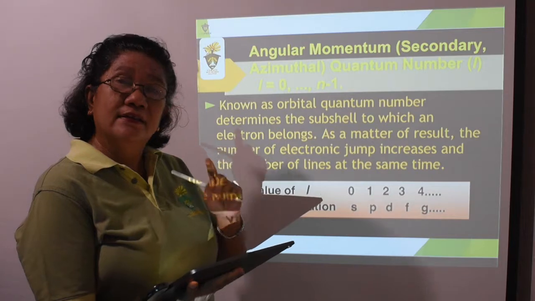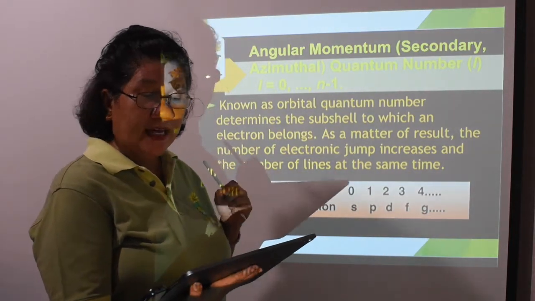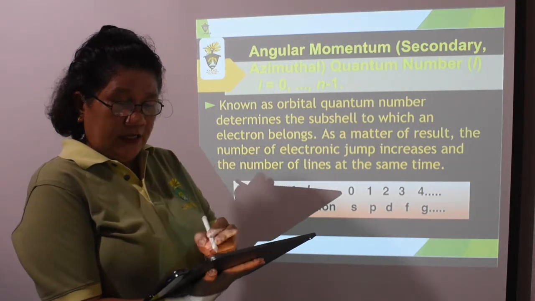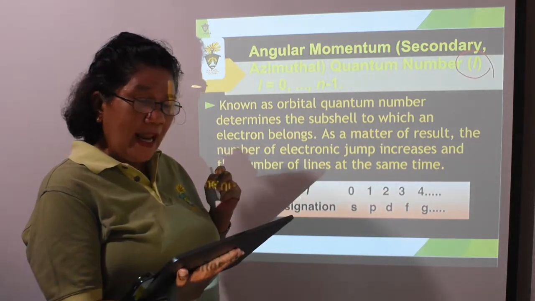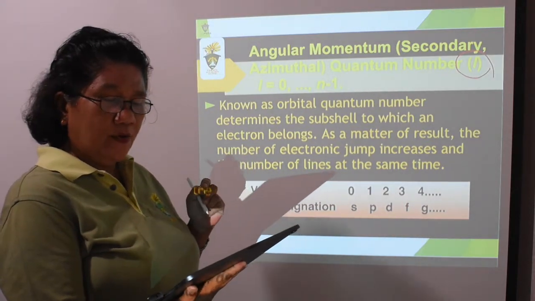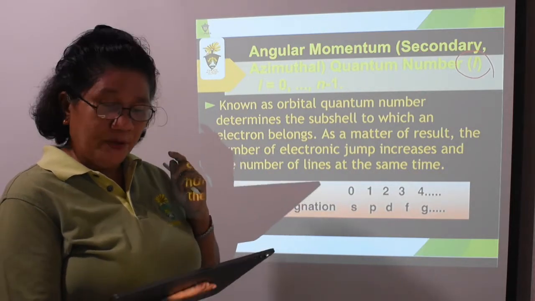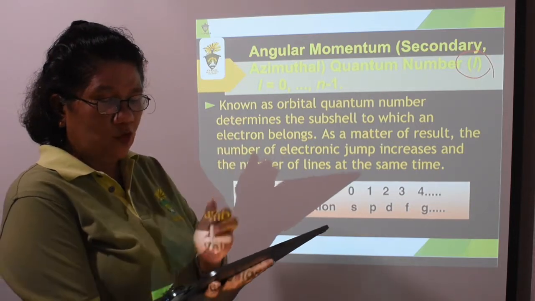The second quantum number is the angular momentum quantum number, also known as the secondary or azimuthal quantum number. It has the symbol l. l has a value from 0 up to n minus 1.